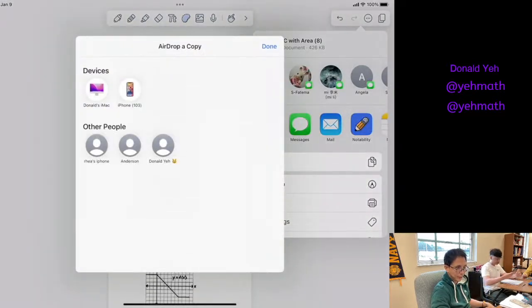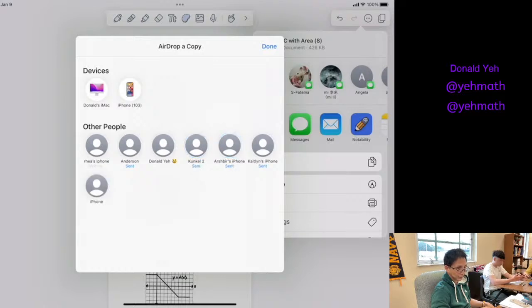This is today's homework. If you want me to airdrop to you, I'll just airdrop to you. I don't see other people besides those.